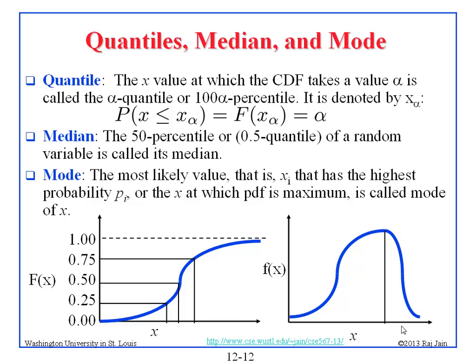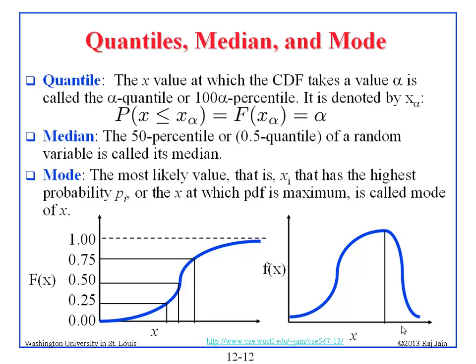Alright, so there are some special names for these quantiles. For example, the 50 percentile is called the median, and then this is called quartile, Q-U-A-R-T-I-L-E. So this is the third quartile, second quartile, first quartile.